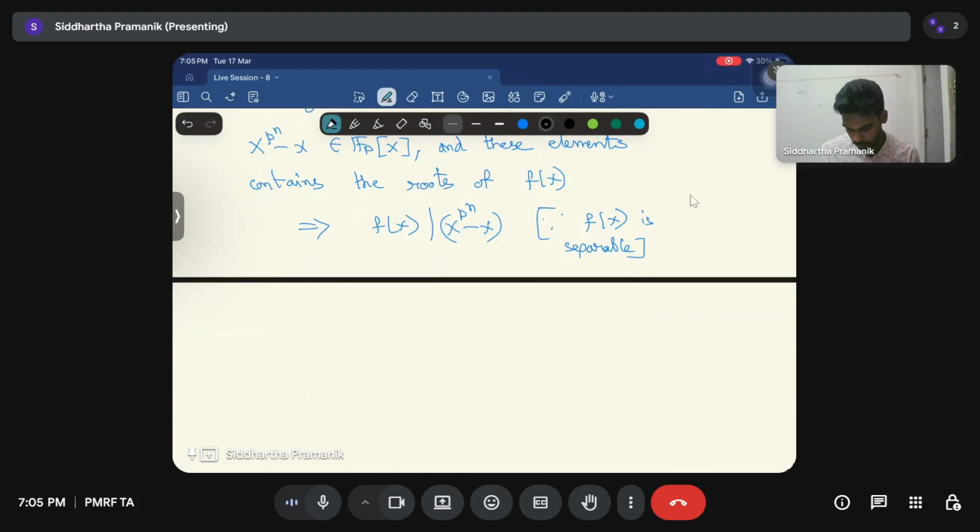Okay, now maybe let's do some problems to see how to find primitive elements. So this is problem number 5.